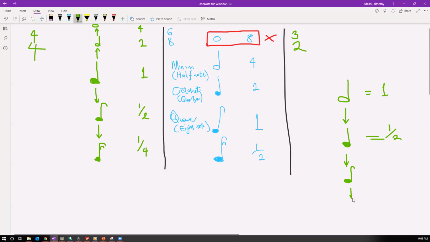Go down again, we have that. Okay, so 1/4, and we have the 1/8. Okay, and then we have a breve there, it will tell us that we have 2.